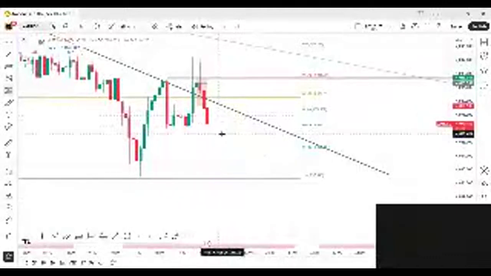If we get a proper breakout below this area, maybe we will have a good trade.